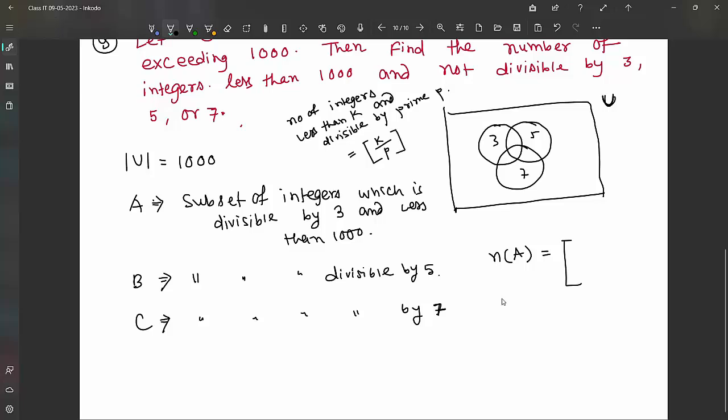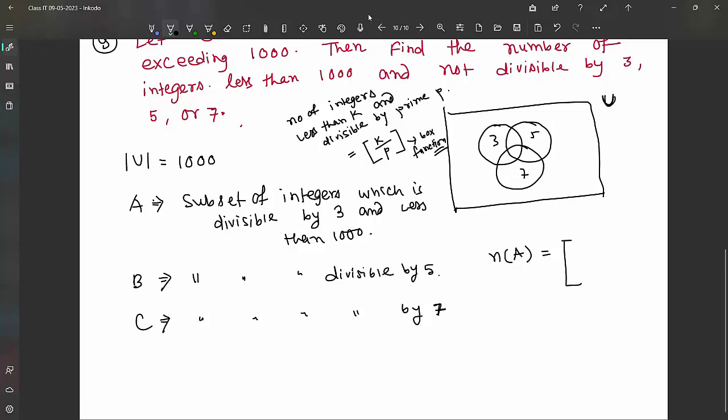Okay, so this is the formula. The floor function of k by p. This is not a simple third bracket. This is a box, the floor function.